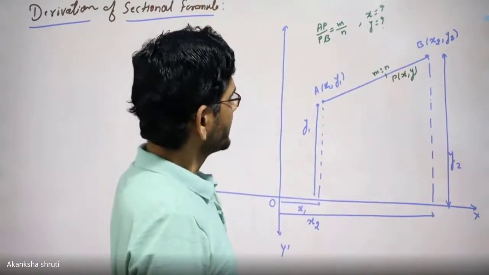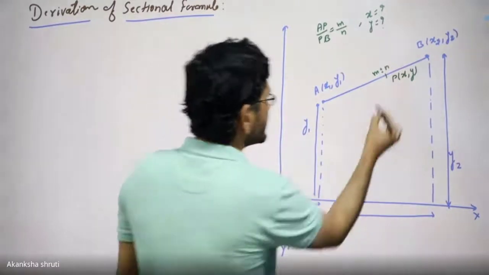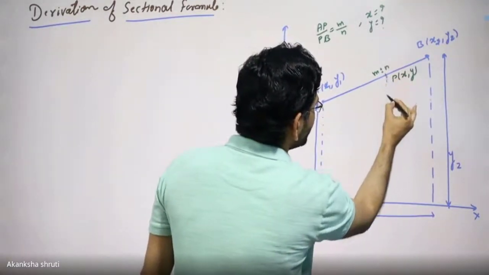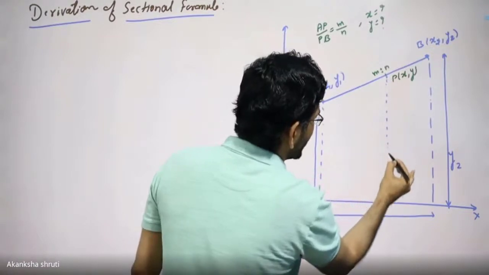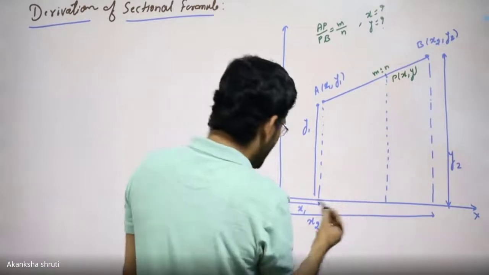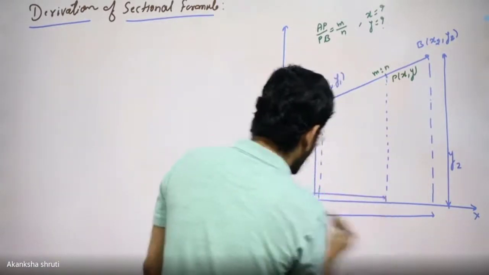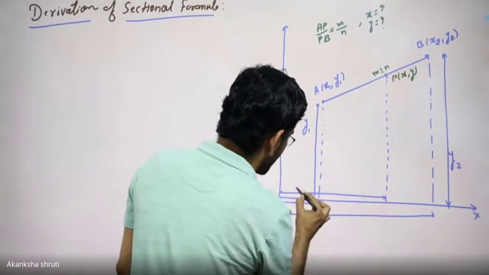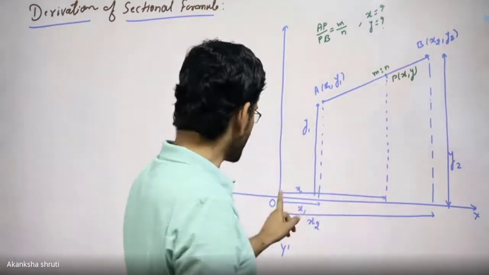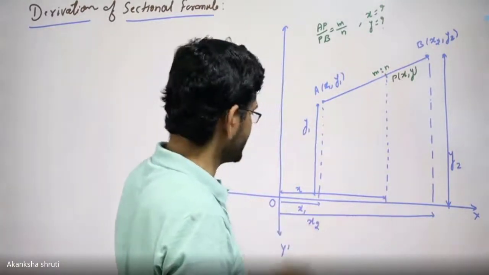Students, the coordinates of P that we want to know, we have assumed as (x, y). If we draw a perpendicular from here, then this x signifies this much length, starting from the origin to the perpendicular on the x-axis. Similarly, the y is this much length.